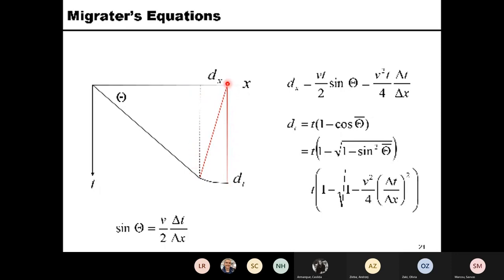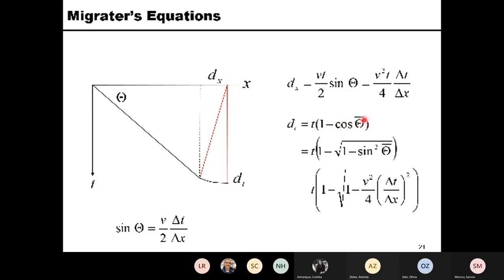This length equals this length, right? Because this point is perpendicular to the subsurface reflector, so the length of this should equal to this. Okay, so basically delta t equals the length of the red line minus the dashed line here. So 1 minus the dashed line, which is cosine theta bar, right? Cosine theta bar. Okay.